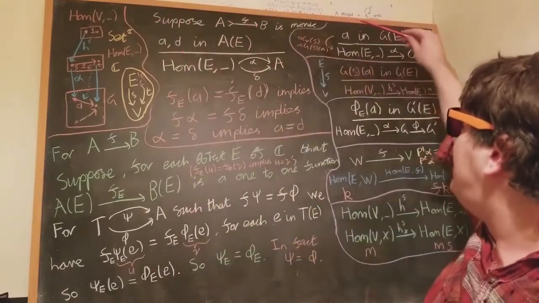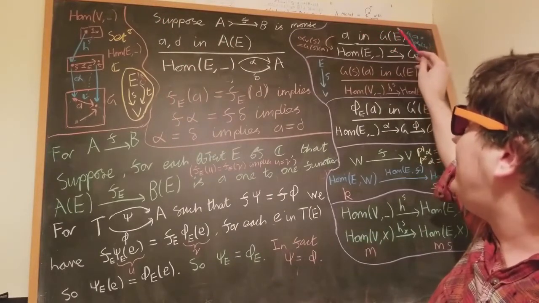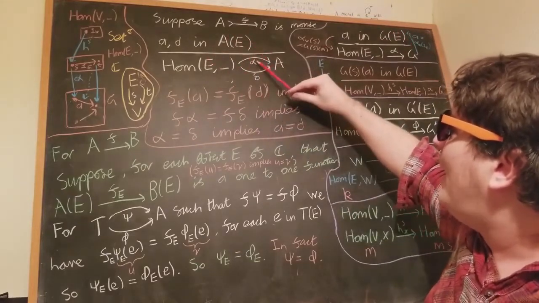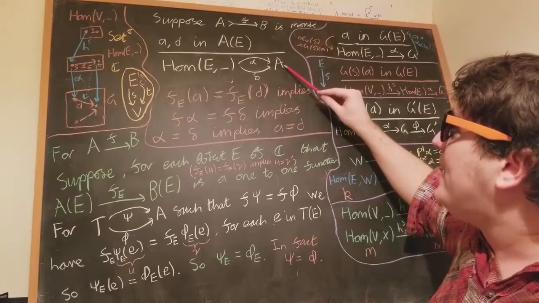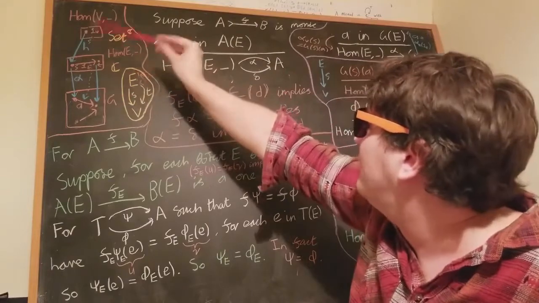Well, using the Yoneda Lemma, we can find that these two E-type elements of A correspond to arrows, alpha and delta, from hom E comma blank to A. Okay, so think about, for example, selecting edges in a graph.